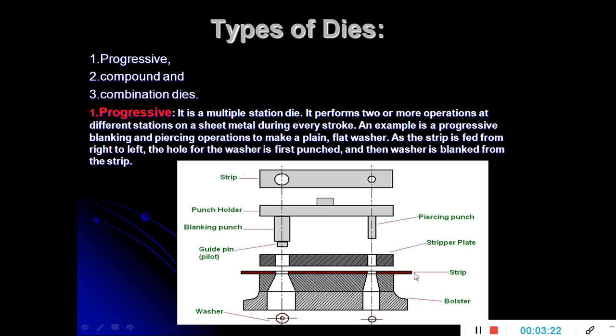See here, initially the sheet metal is fed from right to left. This is the way of feeding the sheet metal. When the punch holder applies pressure on the sheet metal through the stripper plate, initially the piercing punch produces a small hole in the sheet metal.